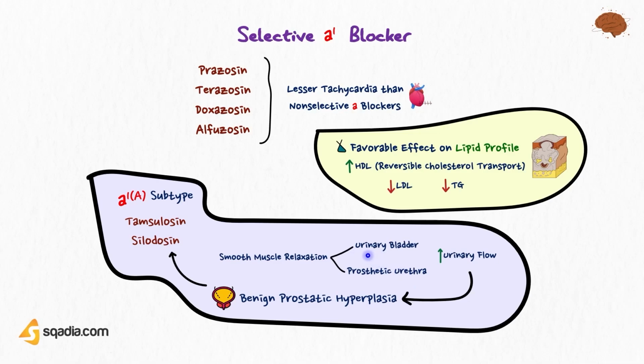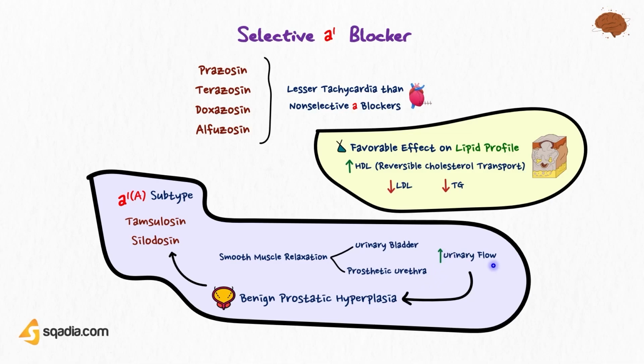When the relaxation happens in both, it improves the urinary flow. This advantageous effect of improving the urinary flow promotes relief in benign prostatic hyperplasia. Again, we block the alpha-1 receptor, and it causes smooth muscle relaxation in the urinary bladder and prostatic urethra.